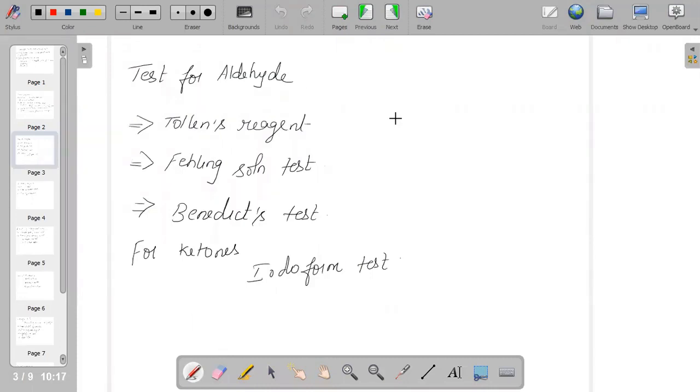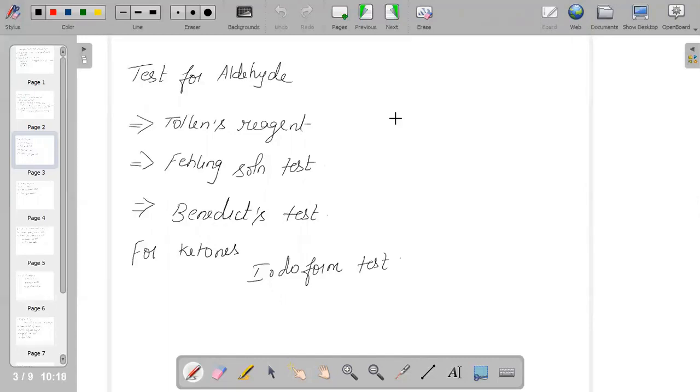It is very important to say that aldehyde as well as ketone will undergo oxidation reaction. On oxidation, it will give carboxylic acid, but this will happen only in the presence of an oxidizing agent like nitric acid or potassium permanganate. Hence, we get an acid whenever aldehyde and ketone are oxidized.